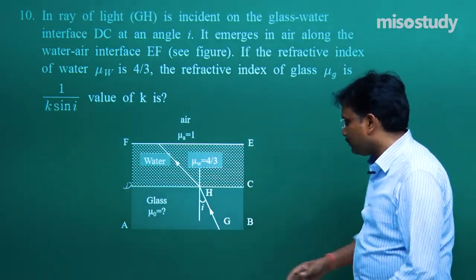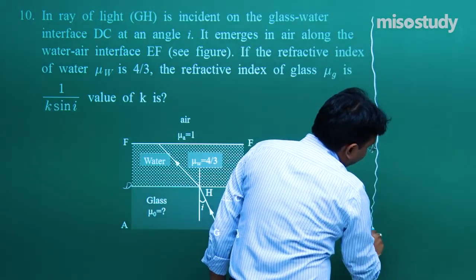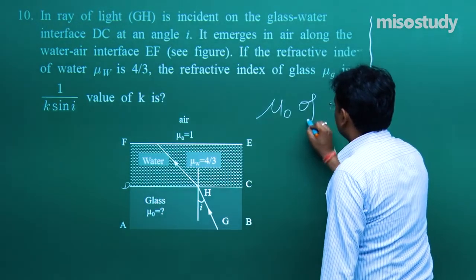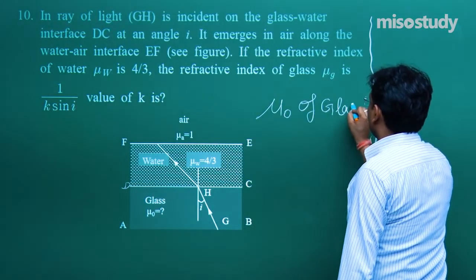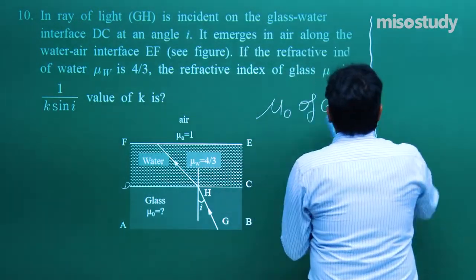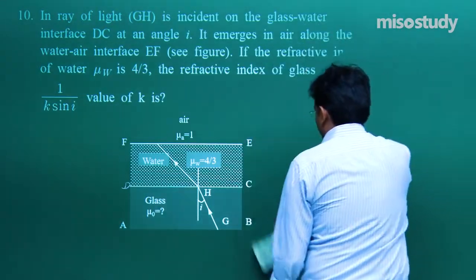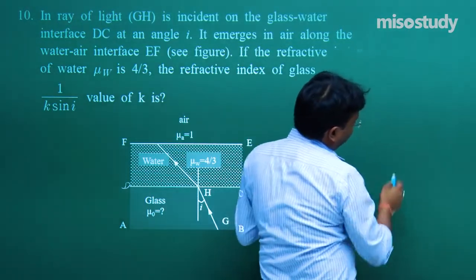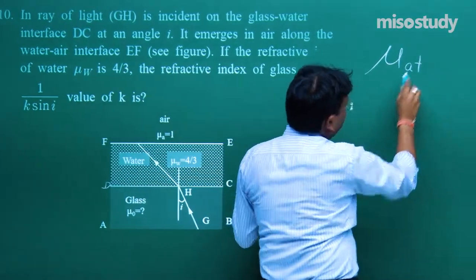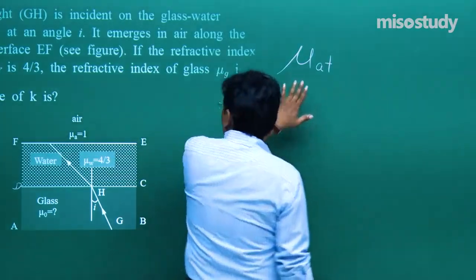So let me do that. This point is D, okay. Mu naught of glass we have to find. That is our target. Fine. So just let me provide the solution of this particular problem. What exactly is required? Rather than writing refractive index at, I am saying mu at CD.